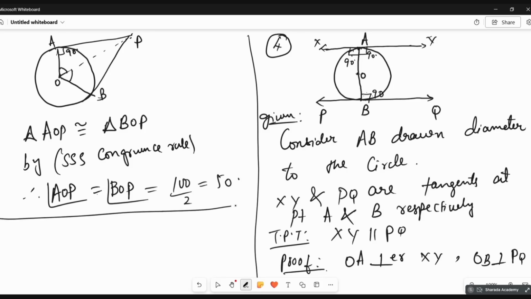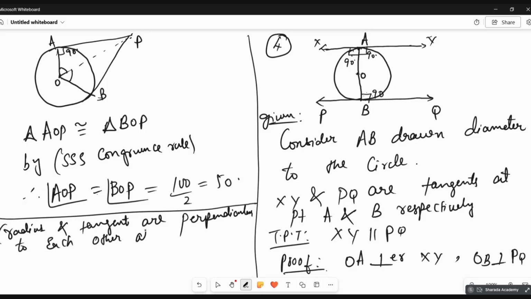What is the reason for that? Radius and tangent are perpendicular to each other. Reason you have to write, otherwise he will not give full marks. Radius and tangent are perpendicular to each other at the point of contact. That is the reason.